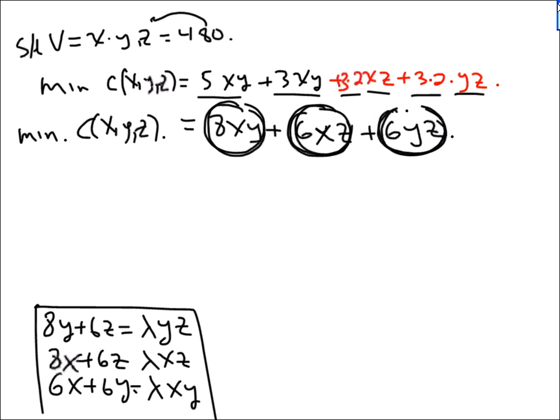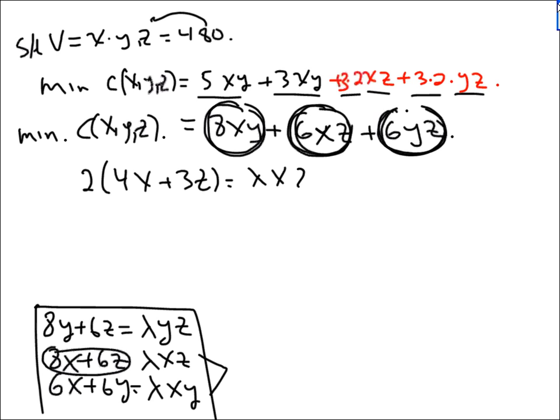Okay. Now, if we divide these last two, on the left side of the first I'm going to factor out a 2. So we get 2 times 4x plus 3z is equal to lambda xz. And in this bottom one, I'm going to factor out a 6.